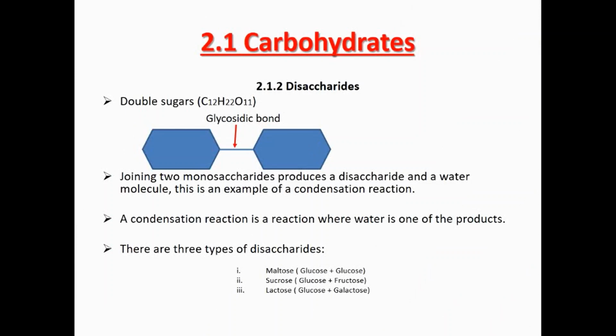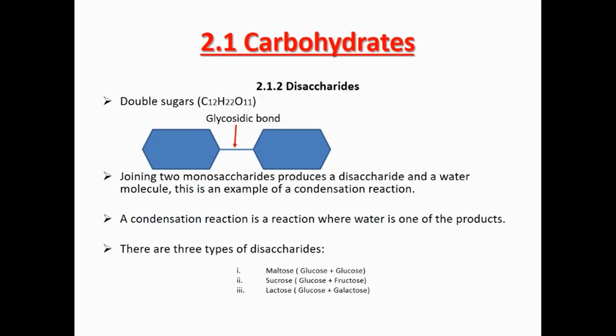So here is a disaccharide, which is a double sugar. Like you can see there, it's C12H22O11. Now see, 22 hydrogens equals 11 oxygens. The ratio is 2:1. And you can see there the glycosidic bond.